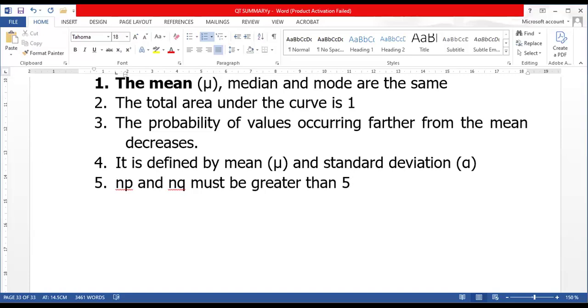P is the probability of success, Q is the probability of failure. Your np and nq must be greater than 5.